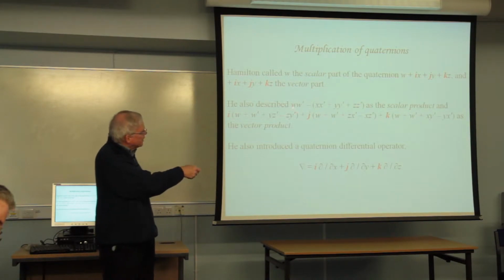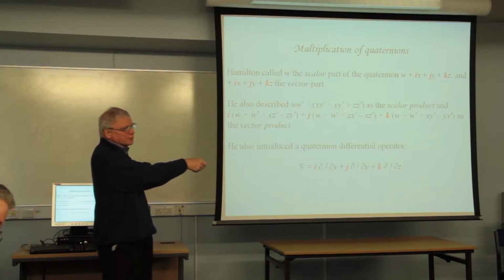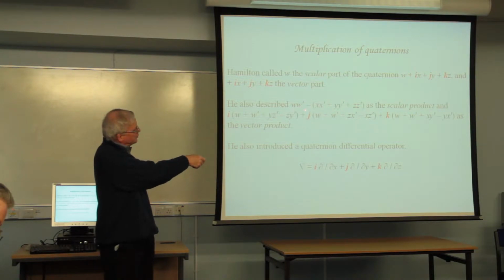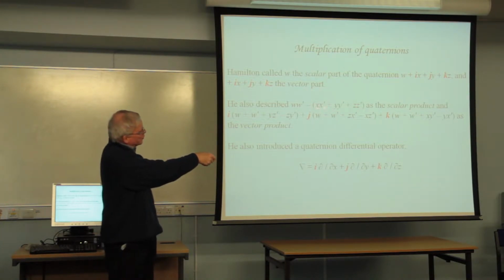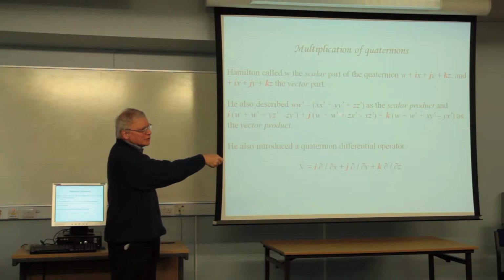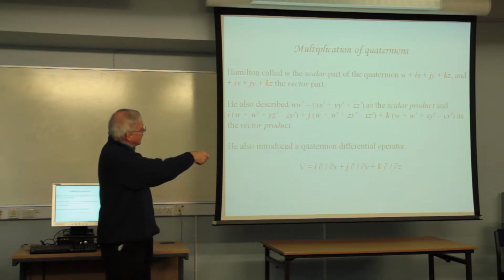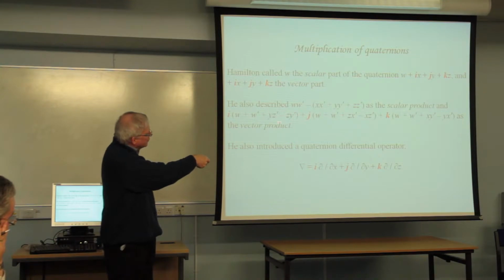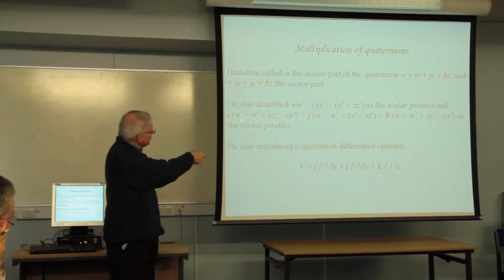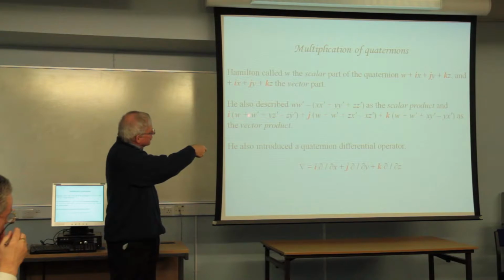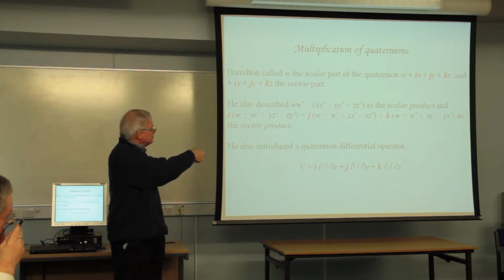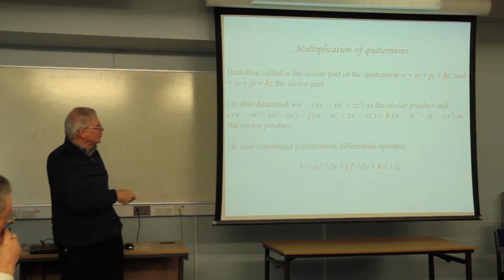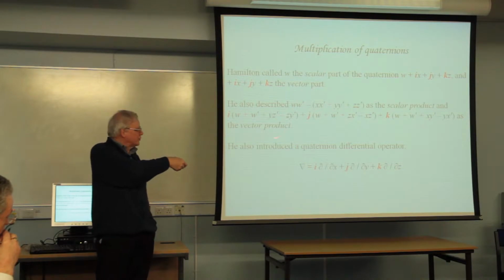And he described this as the scalar product. We recognise this as the scalar product. If we have a scalar product of 2 vectors, it looks like that. And this here we call the vector product, as I'll explain in a moment. So this is the vector product of 2 vectors, and this is the product of vector times scalar. So we recognise the rules of vector algebra within this structure.